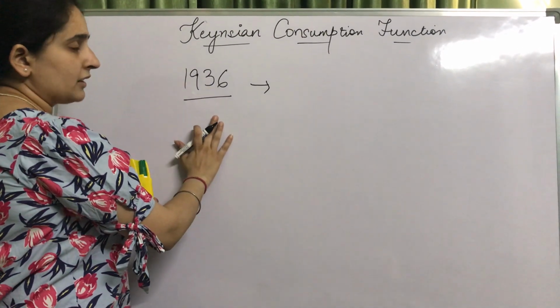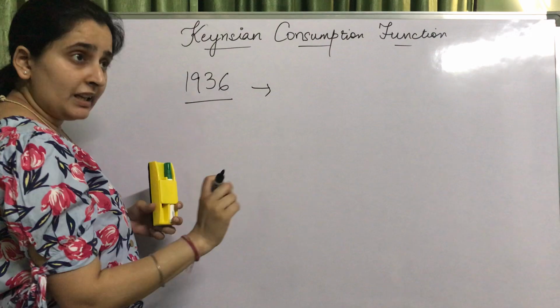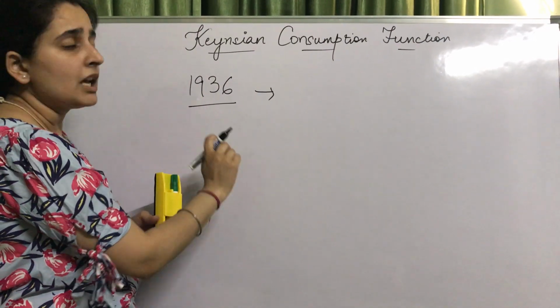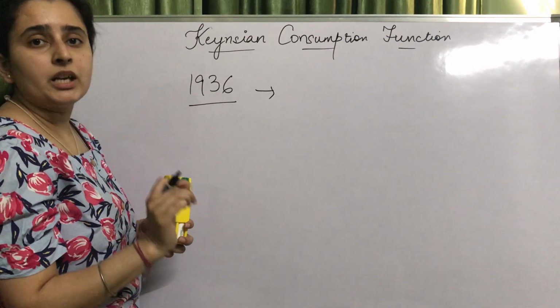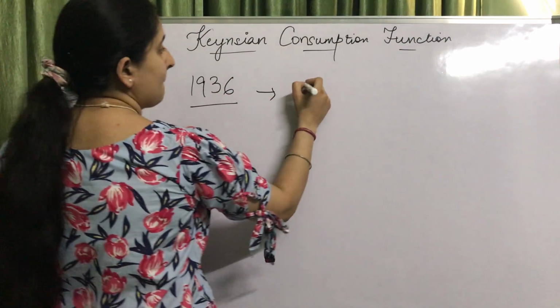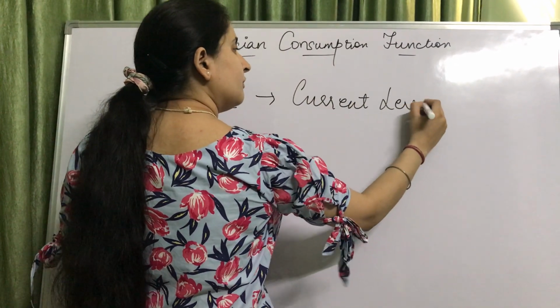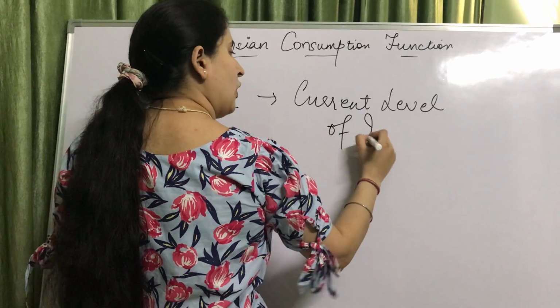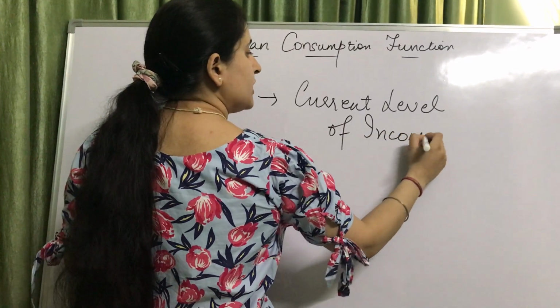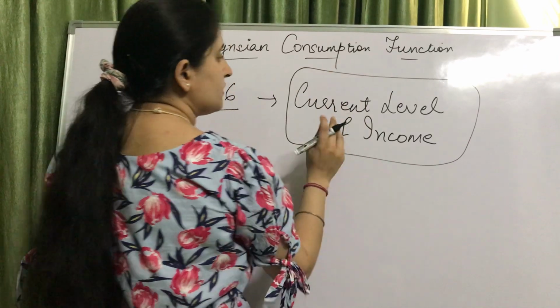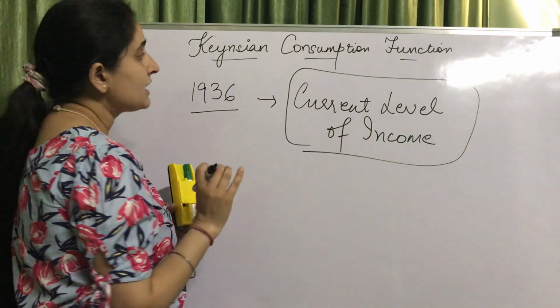But according to Keynes, the most important factor is the current level of income. According to Keynes, this is the most important factor that affects our consumption.